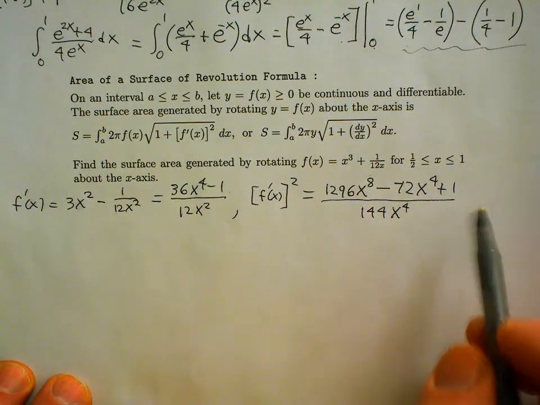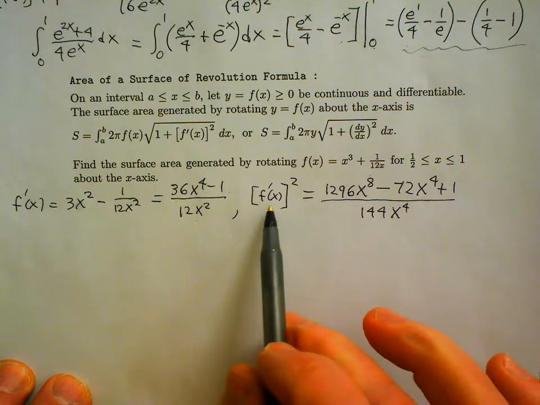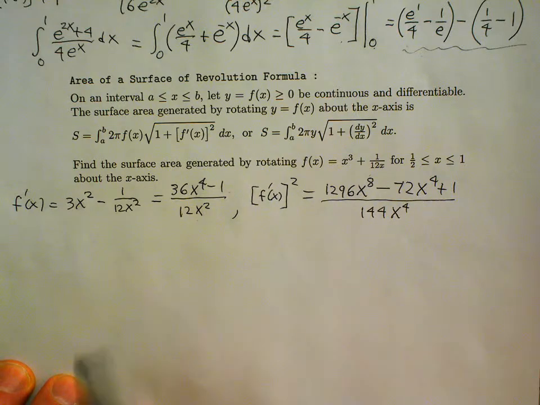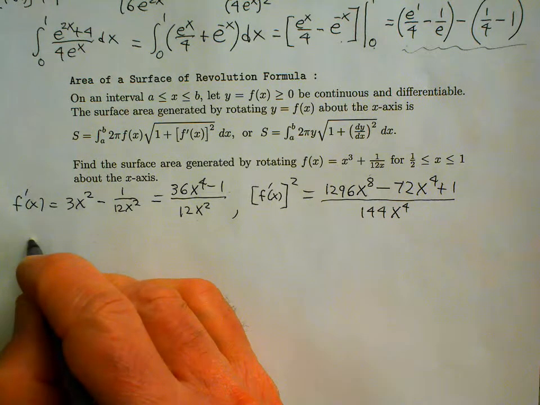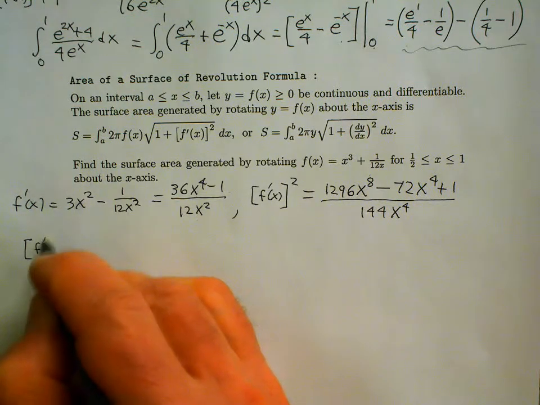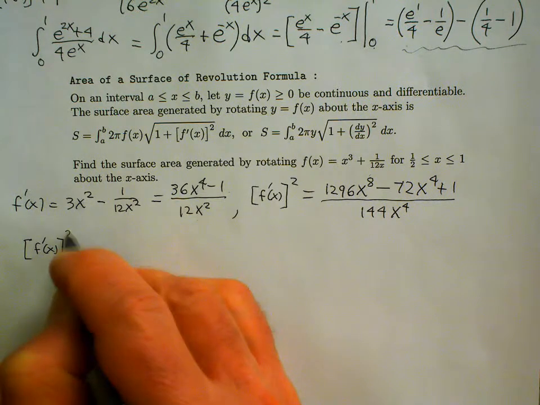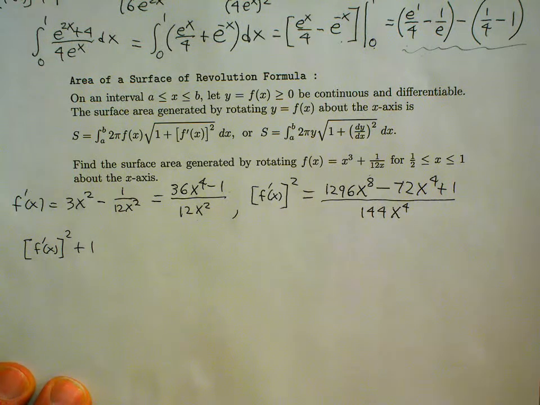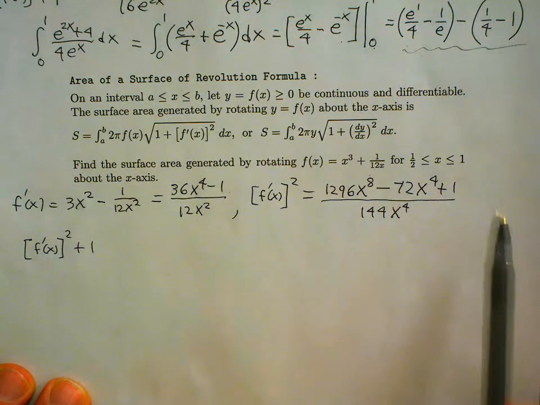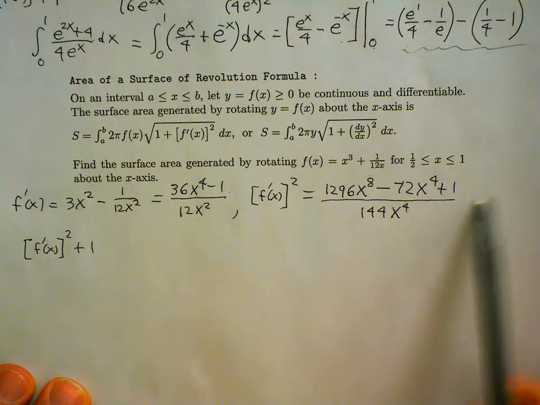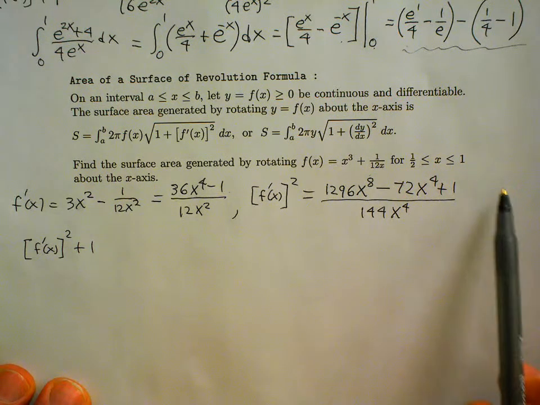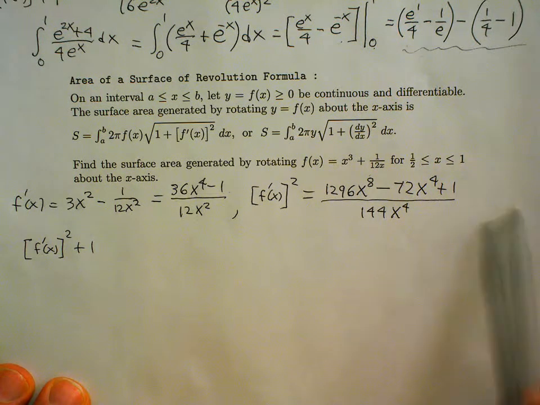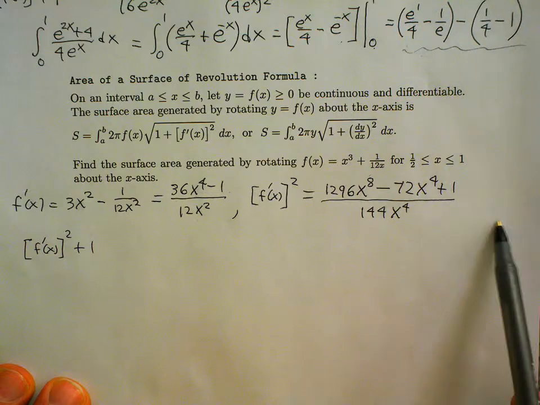Just like we did in the previous example, we have to add 1 to the square of f prime of x. So f prime of x squared plus 1. Notice when we add 1, we're really adding 144x to the fourth over 144x to the fourth.